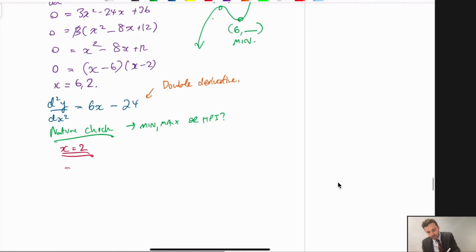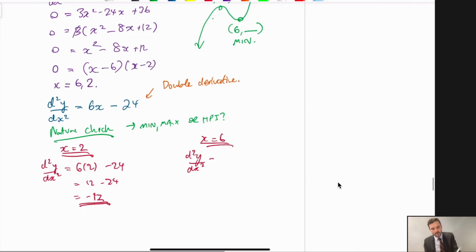So sub it into the double diff: 6 sub 2 in, 12 take 24, negative 12. Okay, let's do our other one over here. x is equal to 6, double diff. You've got 6 lots of 6 take 24, which is 36 minus 24, which is positive 12.